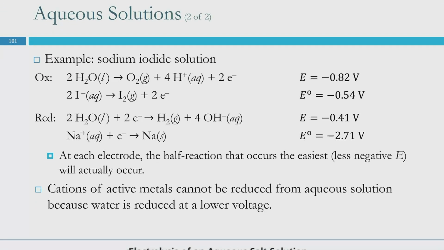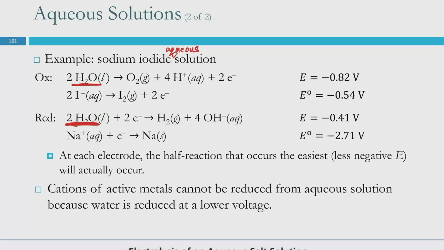All right, so an example, if we've got a sodium iodide solution, this is an aqueous solution, we have to consider a couple of things. We've got our possibility for water to undergo oxidation and to undergo reduction.